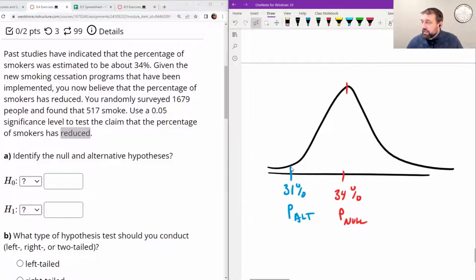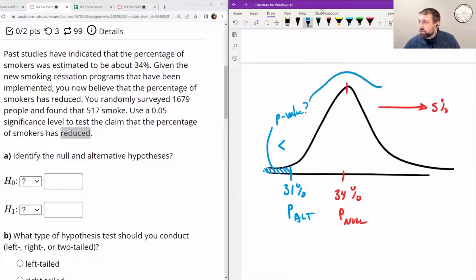So less than means we are looking for the area under this tail to the left. What is this p-value? And we are comparing this at a 5% threshold. So if this value comes in above 5%, that's bad for us. We fail to reject. If this value comes in below 5%, that's good for us. We reject the null, and the 31% becomes the new king of the mountain.